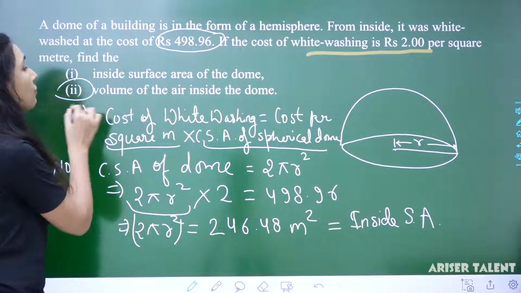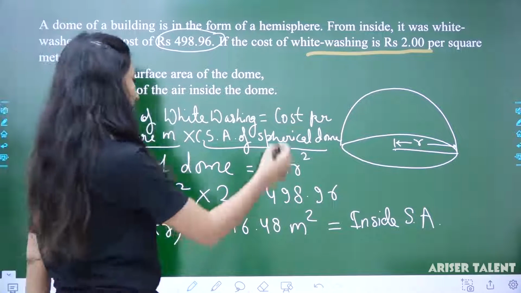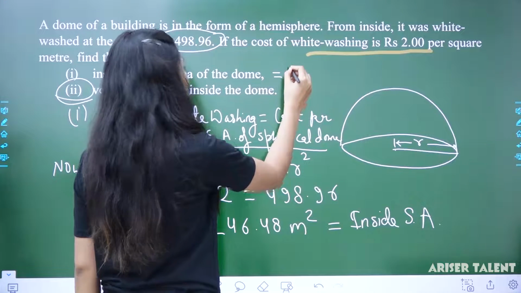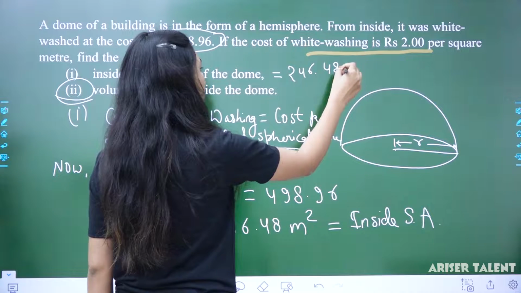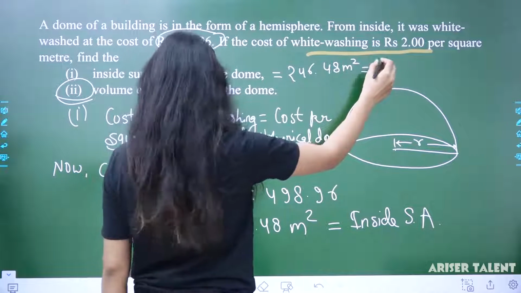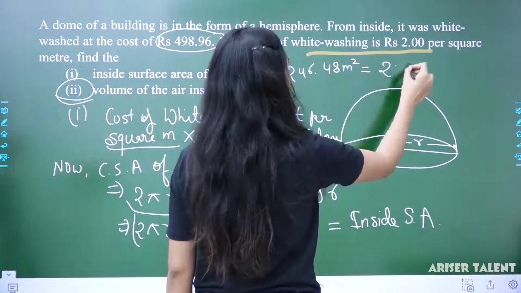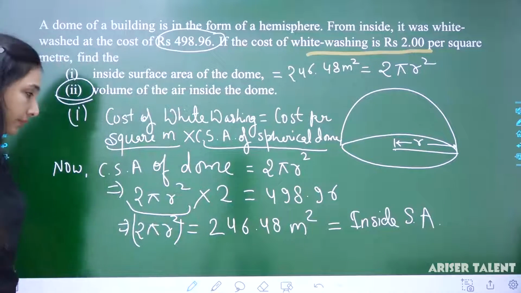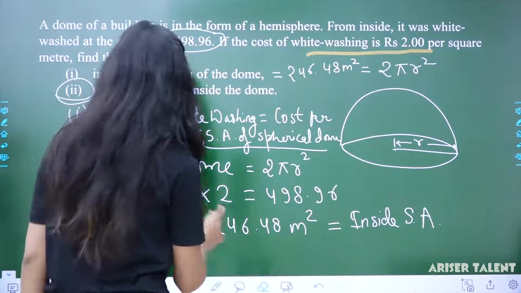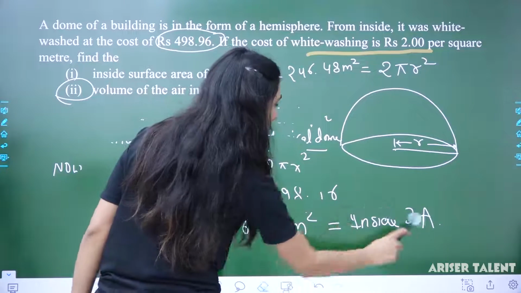Now, the second is the volume of the air inside the dome. Now, the inside surface area of the dome is equal to 246.48 meter square, equal to 2 pi r square. So, the first answer is here.